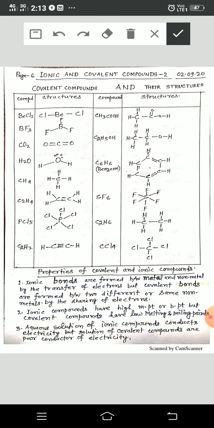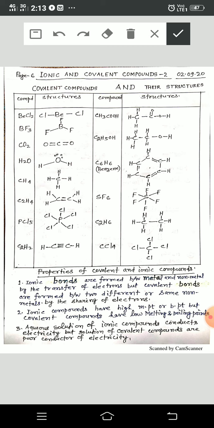Now about the properties of covalent and ionic compounds. Simply, ionic compounds are formed between metal and non-metal, and covalent compounds are formed between two different or same non-metals. Ionic compounds have high melting and boiling points, but covalent compounds have low melting and boiling points.